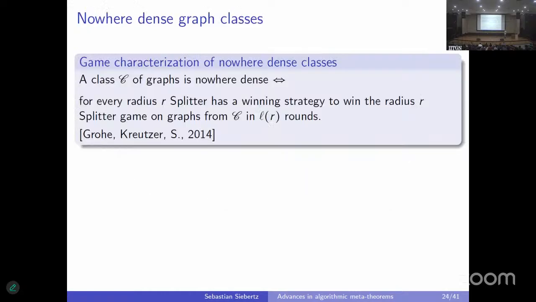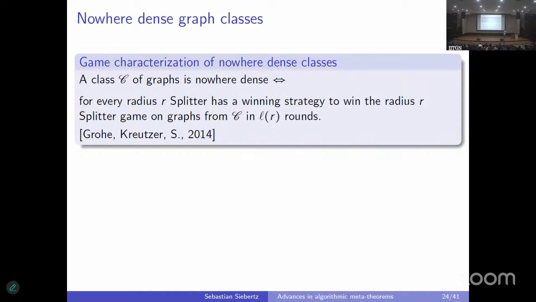We prove that this game terminates after a number of rounds depending only on the radius. It always terminates because we delete one vertex after the next. The number of rounds depends only on the radius, and this is the case if and only if the graph is nowhere dense.